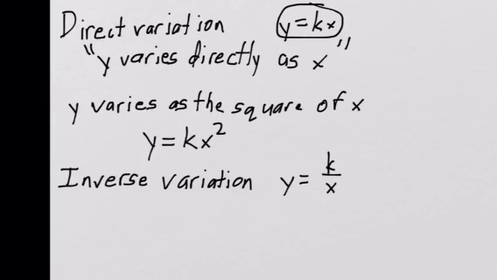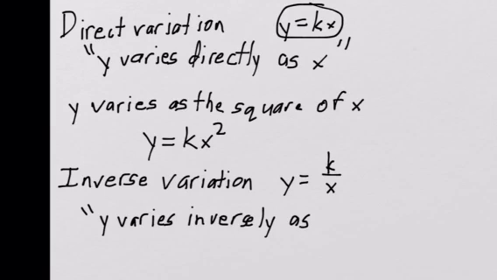And this one would be written as y varies inversely as x. I guess another one that you will see on occasion is proportional. So up here you might see directly proportional to. Down here you might see directly proportional or inversely proportional to.